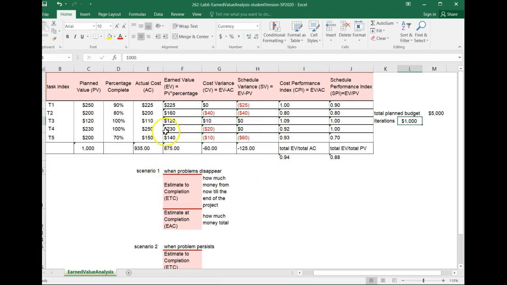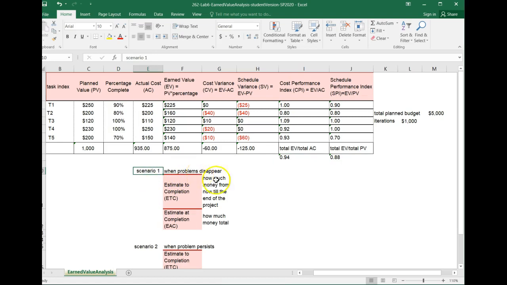The reason you're behind schedule and over budget might be technology issues, personnel issues, scope issues, or stakeholder issues. Whatever the issue is, scenario 1 is saying that those problems disappear.